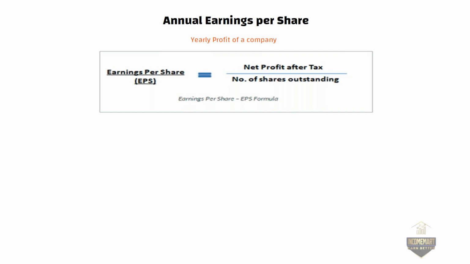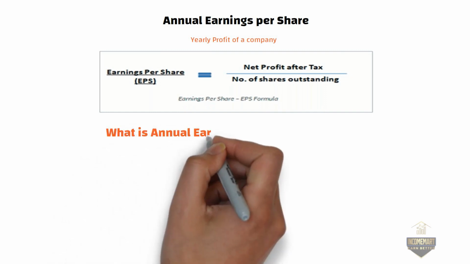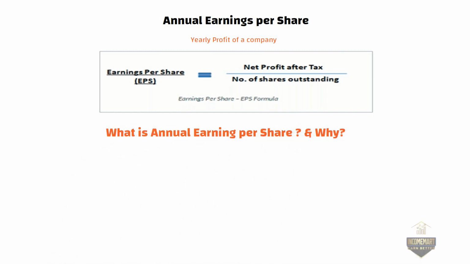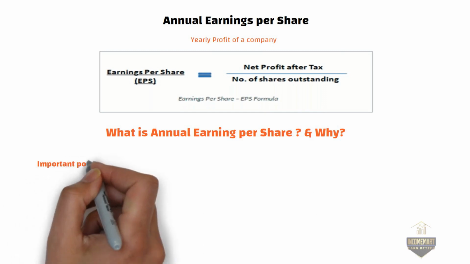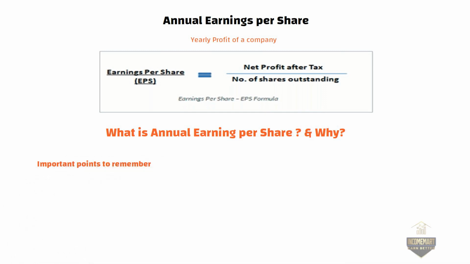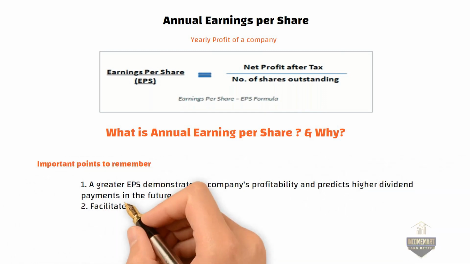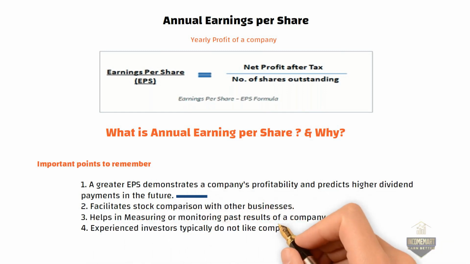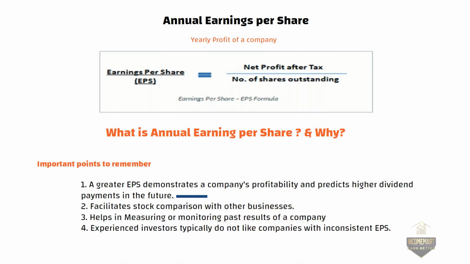The following considerations highlight the significance of EPS when assessing a company's financial health and profitability. First one is a higher EPS means more profitability, which suggests that the company may increase dividend payout over time. Second one is it helps compare the performance of good companies and also helps pick the most suitable investment options.